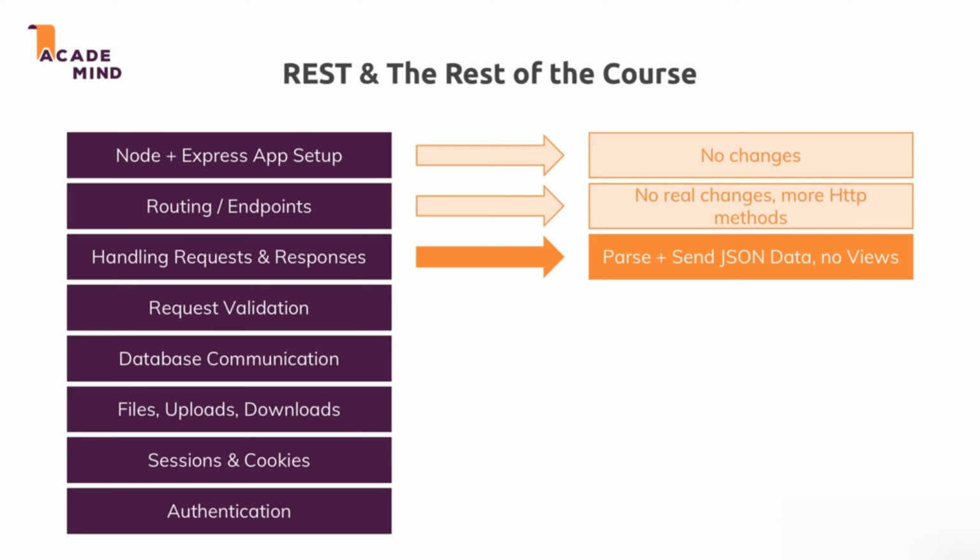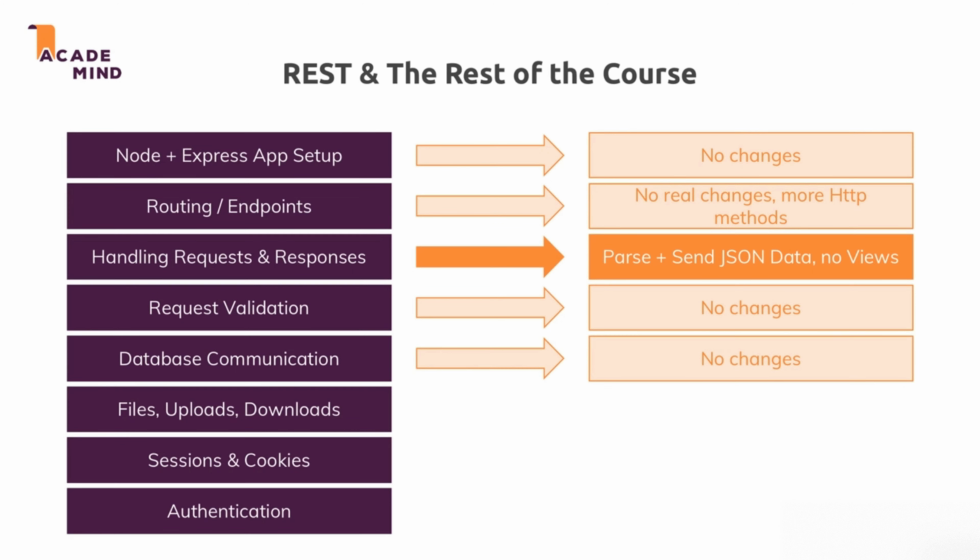Now, if we want to add validation for incoming request data, then we will not have to change anything. We still can add validation, for example, with Express Validator, which we used in the validation module of this course. And the way we use it and the logic behind it does not change a single bit.